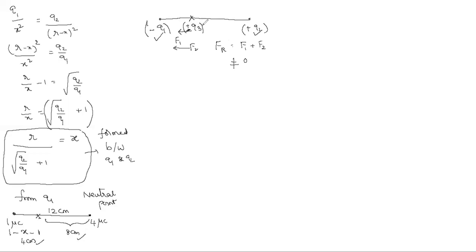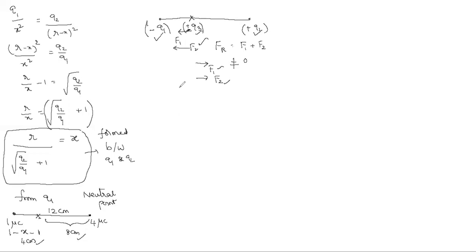Then Q1 and Q3 repel, but what about these two? That is also in the same direction. So whether it is plus or minus, you will get F1 and F2 in the same direction. When you take the third charge in between, the net force is never equal to 0.